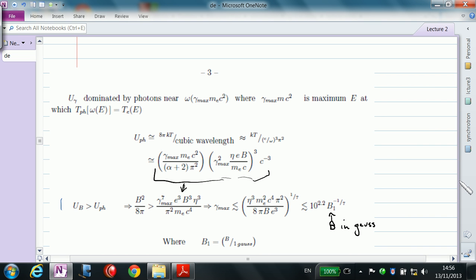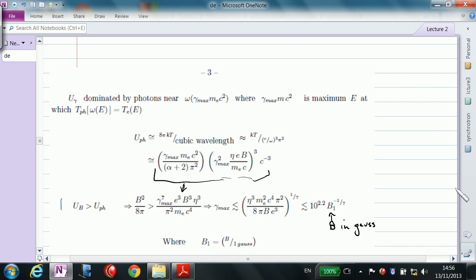So below the emission of electrons that have this Lorentz factor, 10 to the 2.2, you can have synchrotron self-absorption. If you want to have synchrotron self-absorption of radiation that's even beyond that, that's okay, but then you'll have an inverse Compton catastrophe, and you probably won't see anything like this. You'll see all the energy going into gamma rays.